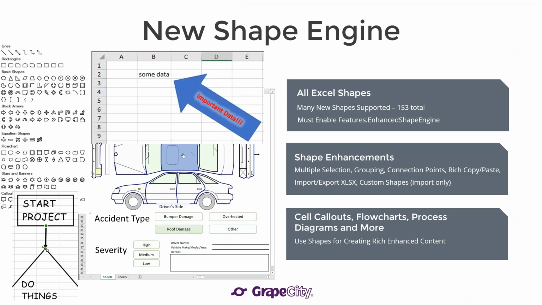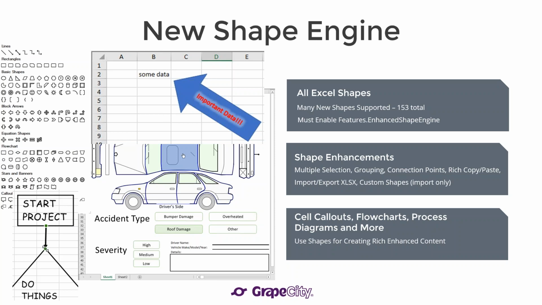Okay, next. The new shape engine supports all built-in Excel shapes and replaces the old shapes engine, which is still supported for backwards compatibility. So the new shape engine must be explicitly enabled using the enhanced shape engine property.